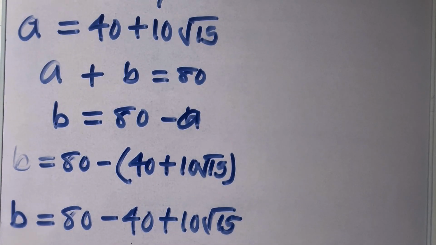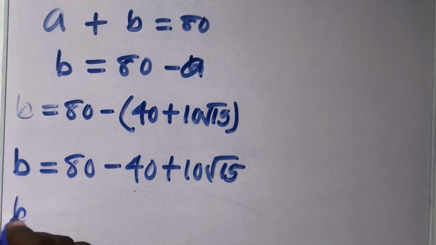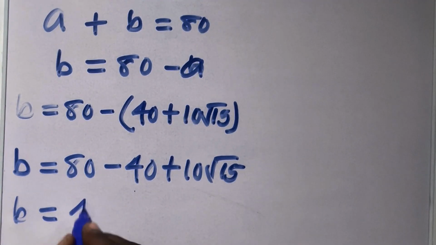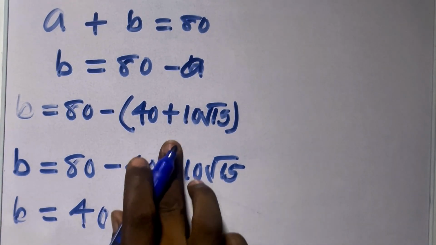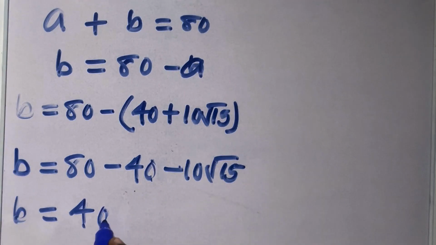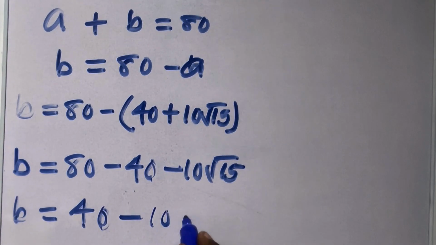Therefore, b equals 80 minus 40 minus 10 root 15, which will be 40 minus 10 root 15.